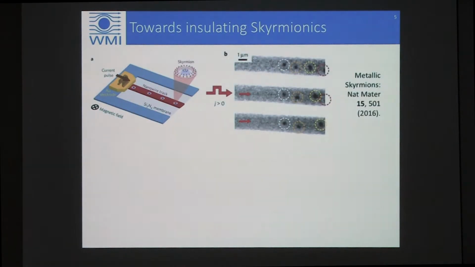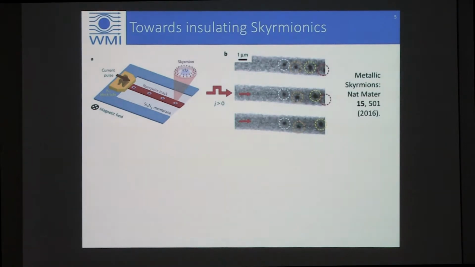Well, both sides have already been shown. We can use complicated magnetic structures such as skyrmions, and spin orbit torques do work, so you can apply a current pulse here. This is work also done by Mathias and Geoffrey Beach's groups. And you can see that at least some of the skyrmions move with the current pulses.